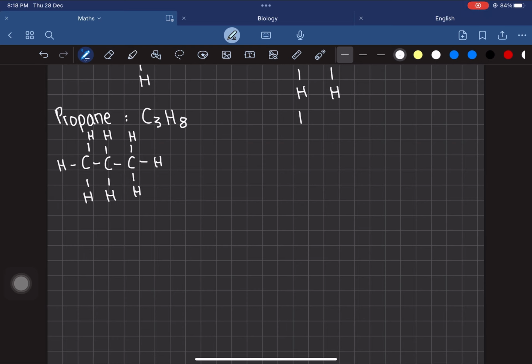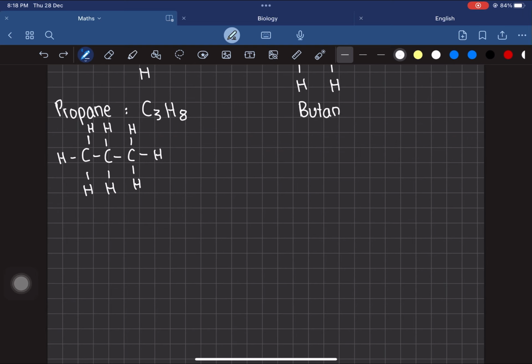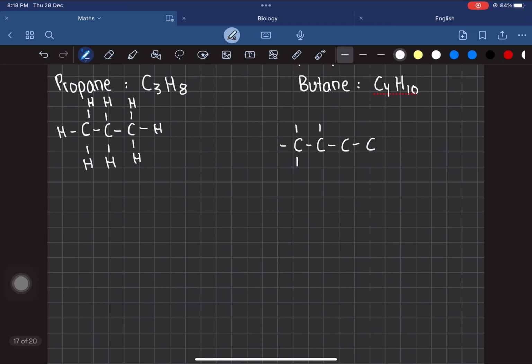Now let's move towards butane, which is on the 4th number. For butane, the molecular formula is C4, and then twice of 4 is 8, 8 plus 2 is 10. C4H10. So we have 4 carbons, 1 2 3 4, and draw the bonds.